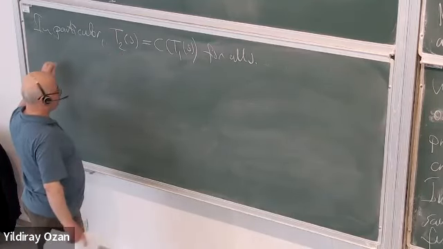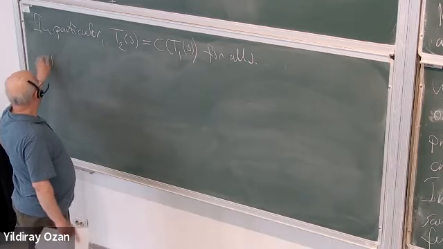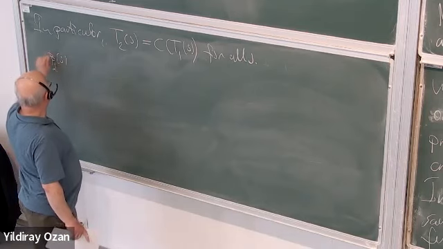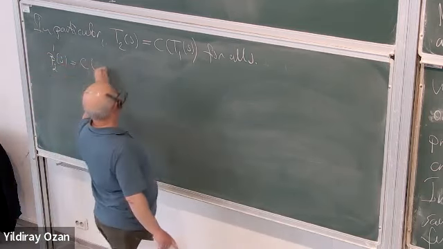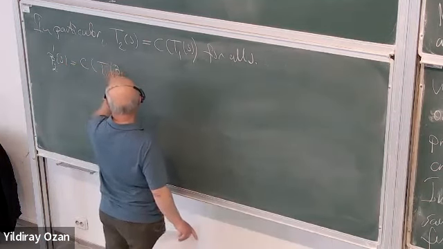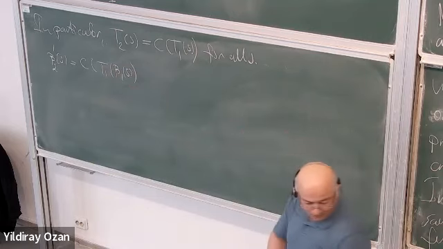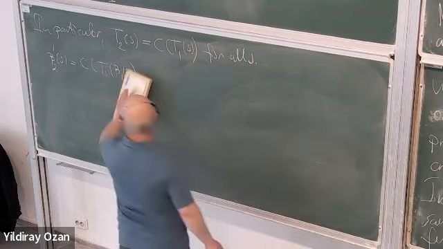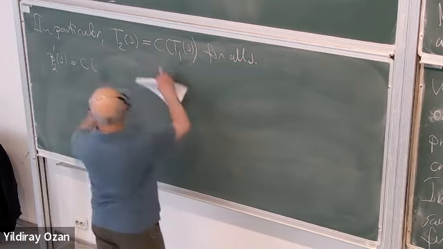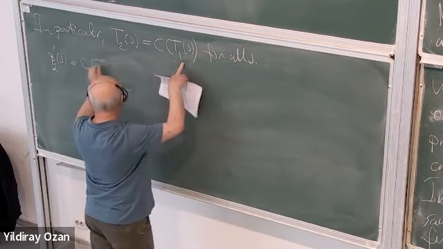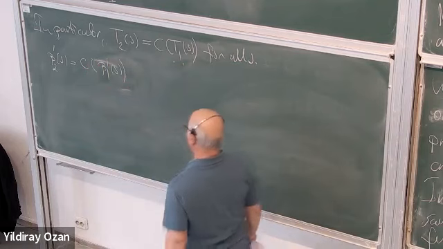T2 is just the derivative of beta 2, right? And this is C of T of beta 1. Yeah, I don't have this, just T. C times T1. T1 is just beta 1 prime of s. This is true for all s.